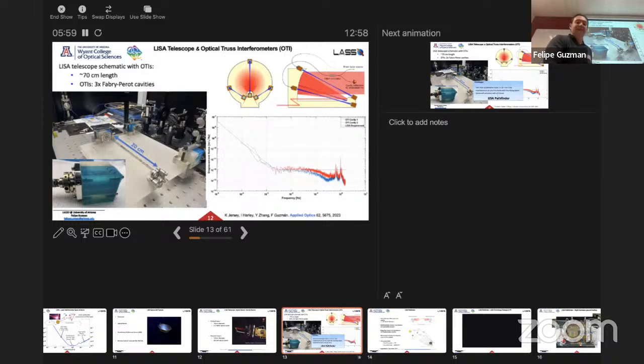These cavities have been designed to be at a separation of 70 centimeters, but we have been testing them on an ULE-based breadboard of 20 centimeters, significantly different than the baseline separation. That changes significantly also the mode that is resonant there, but it still works well.